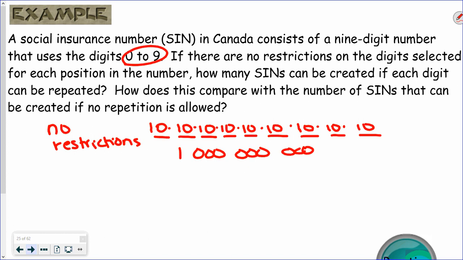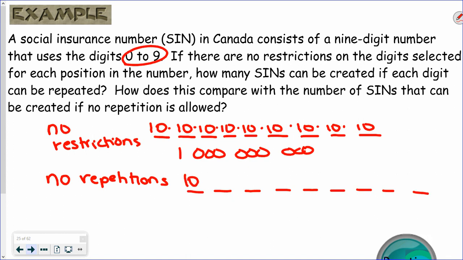Now, in the second part of this question, it says, how does that compare with the total number of SINs if I'm not allowed repetitions, if I'm not allowed to repeat? So again, I make my 9 blanks. I still have 10 options for the first number, but now I'm not allowed to repeat it. Only 9 left, then I would only have 8, and so on and so forth, until I run out of blanks.